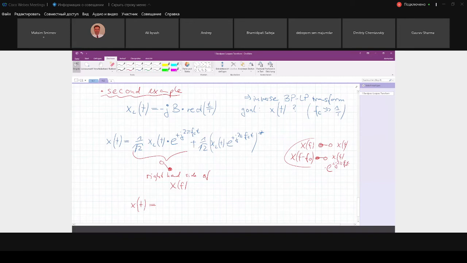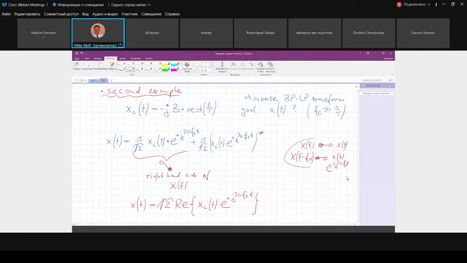So what remains is 2 times 1 by square root of 2, so it's square root of 2, times the real part of x l of t times e to the plus j 2 pi f c t.